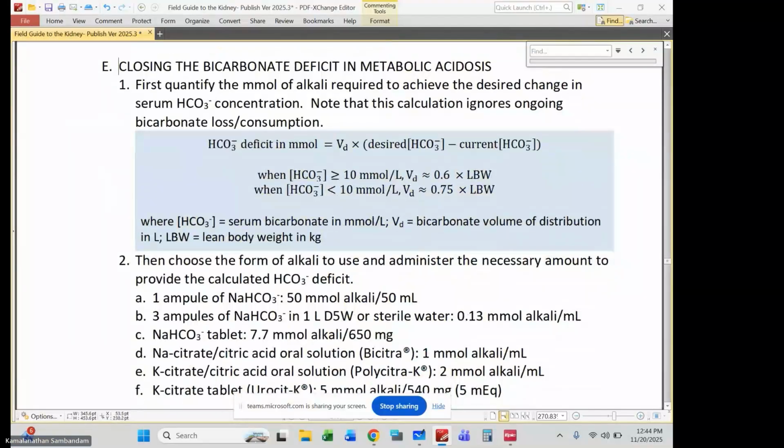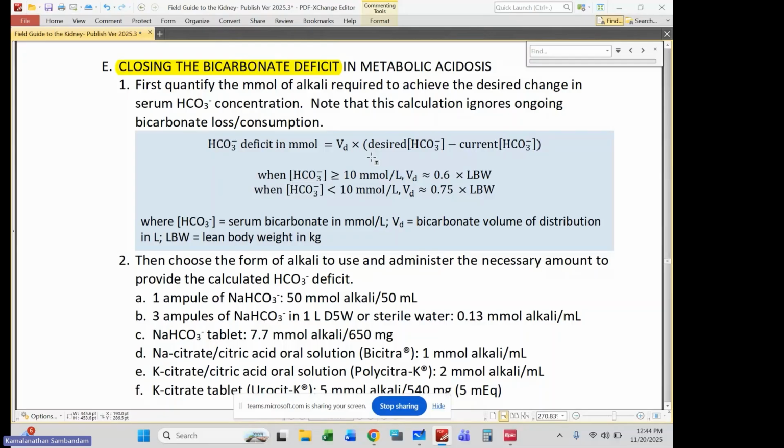Okay. Bicarbonate deficit. We talked about this in our essential nephrology in your first few days, believe it or not. Well, that seems like a long time ago. All right. Because your brain has swollen so much with knowledge, right? Okay, so bicarbonate deficit is a way that you can intuit how much bicarbonate you need to give quantitatively in order to achieve the serum bicarbonate that you want.